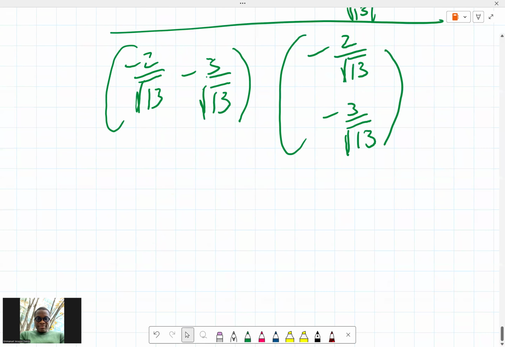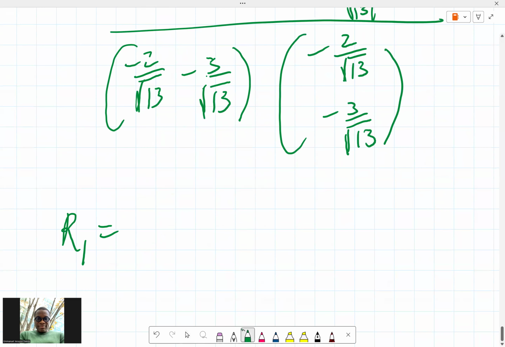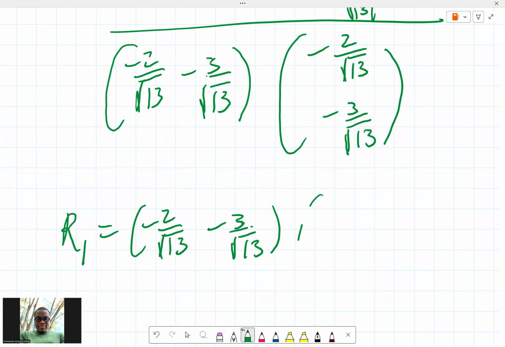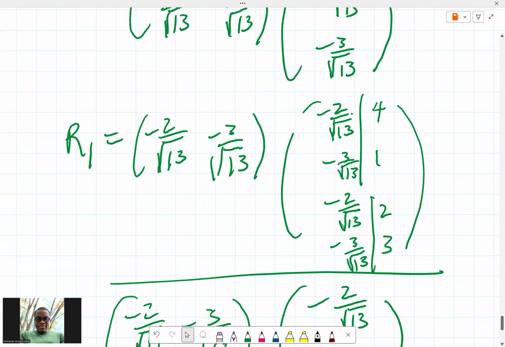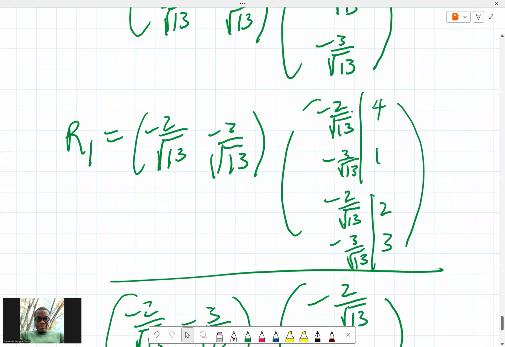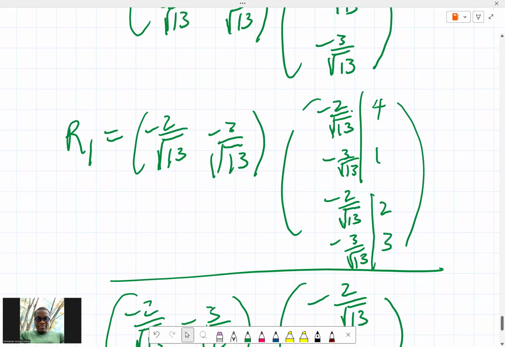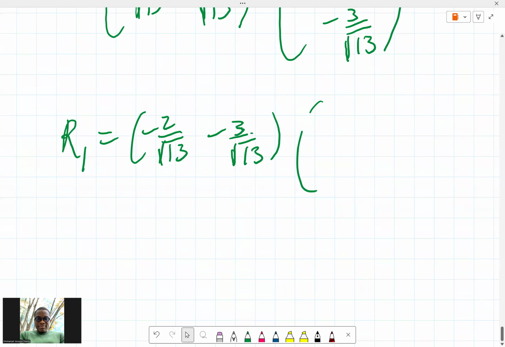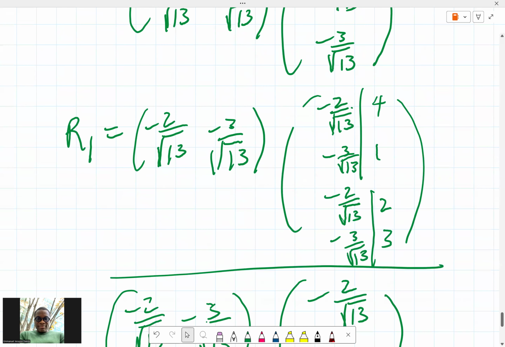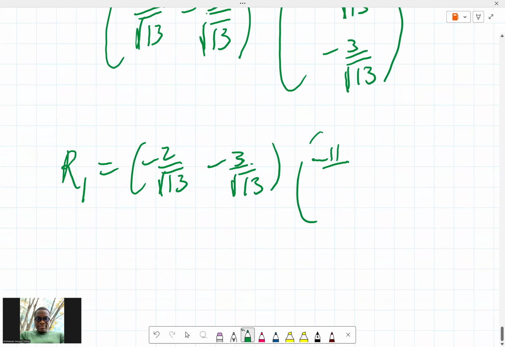So R1 again is equal to (minus 2 over root 13, minus 3 over root 13) into, when we do this, minus 8 minus 3 over root 13, that's minus 11 over root 13 there.